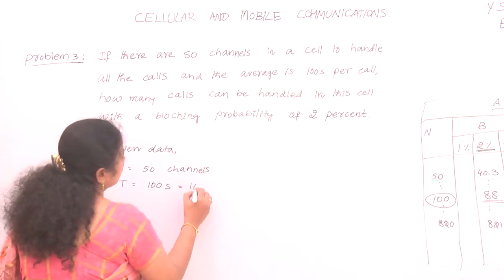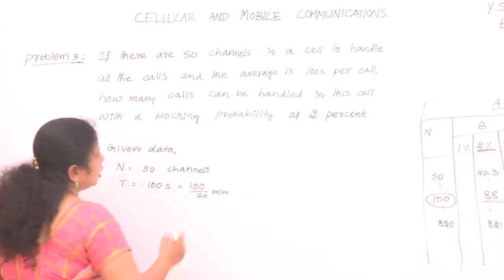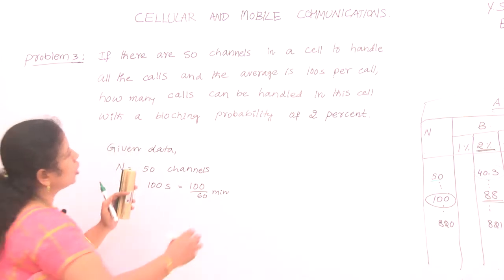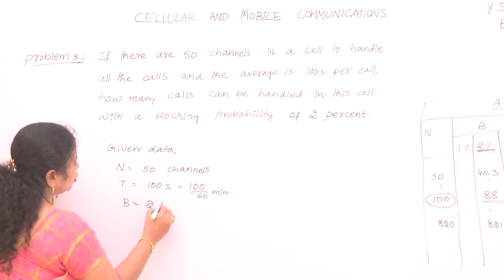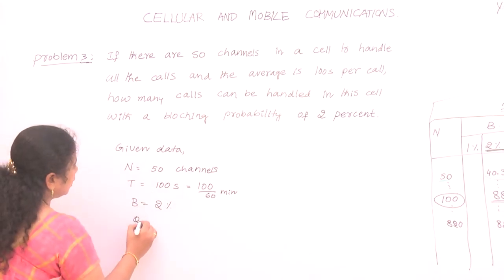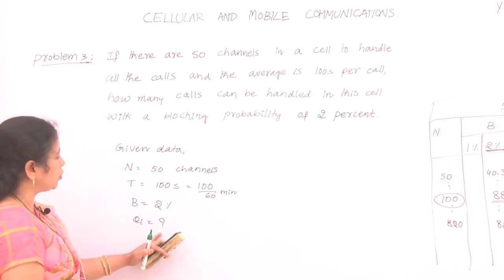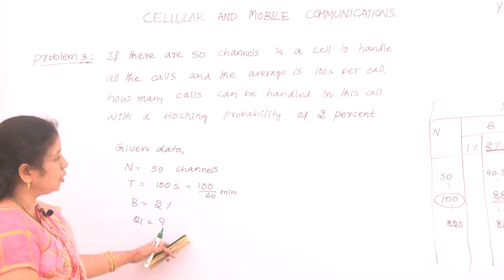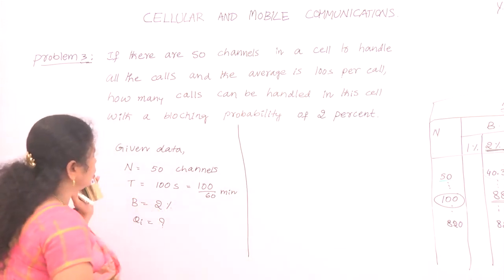So that is 100 by 60 minutes. Okay. Then the blocking probability is 2%. With blocking probability 2%, you need to calculate the value of QI. QI is the maximum number of calls engaged in that particular cell. Okay, so this is the data given to you.